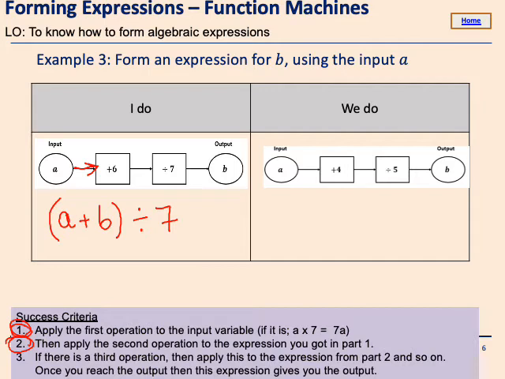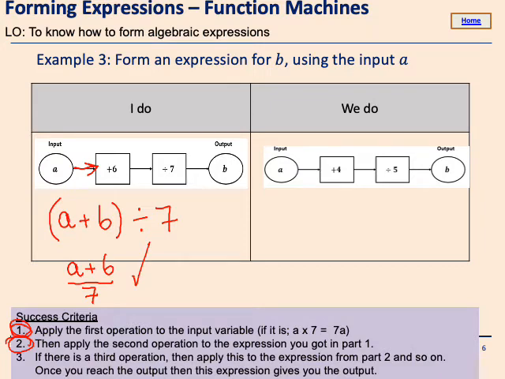We are applying it to the input variable and the plus 6. So I can write this now as A plus 6 all divided by 7. So that would be my expression.